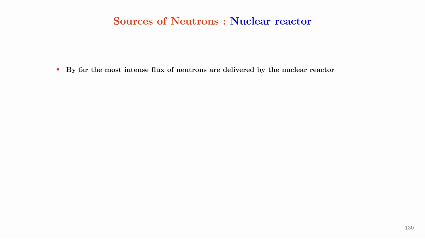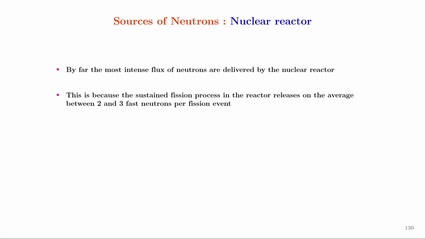By far, the most intense flux of neutrons is delivered by the nuclear reactor. This is because the sustained fission process in the reactor releases on the average between 2 to 3 fast neutrons per fission event. For uranium-235, this number is 2.54, and for plutonium-239, it is 2.88.